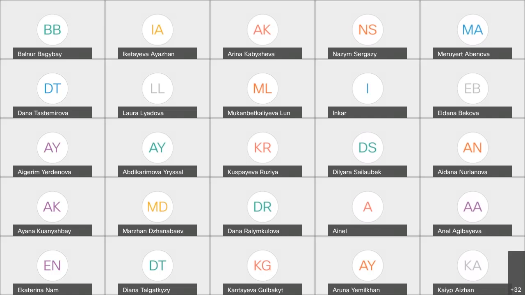So, as I actually told you in the very beginning of the course, stylistics is not only about literature. Stylistics can be applied to both literary and non-literary modes of text.